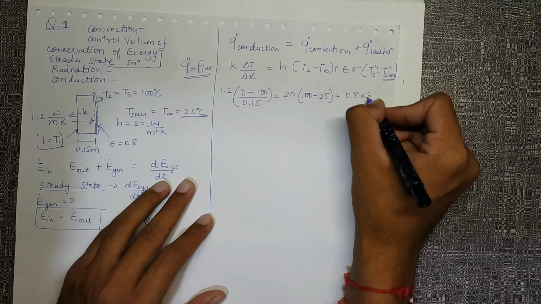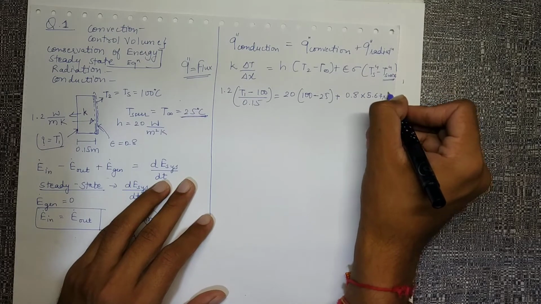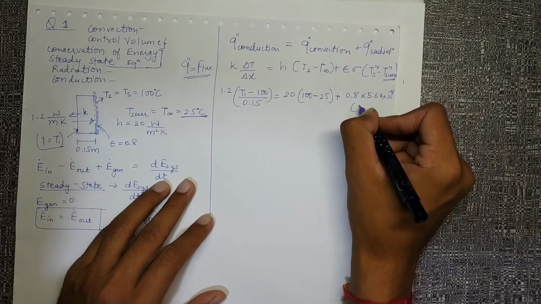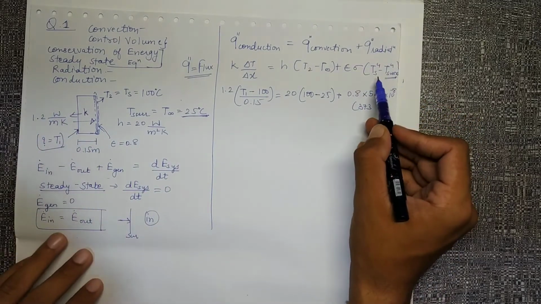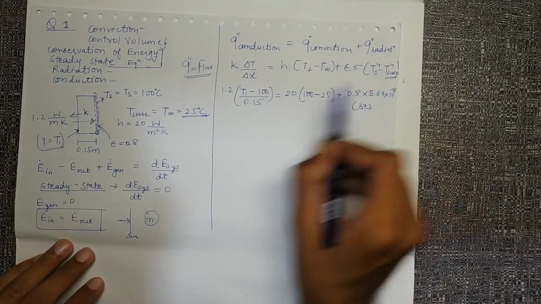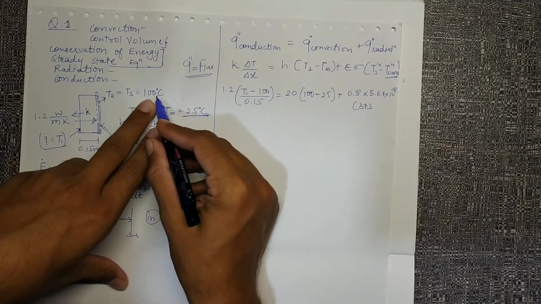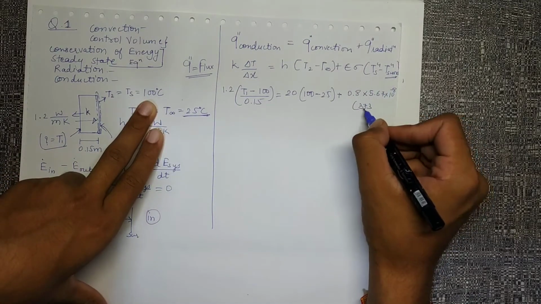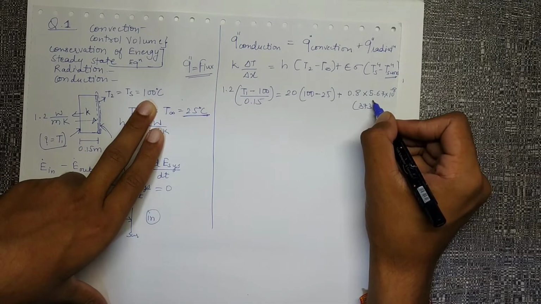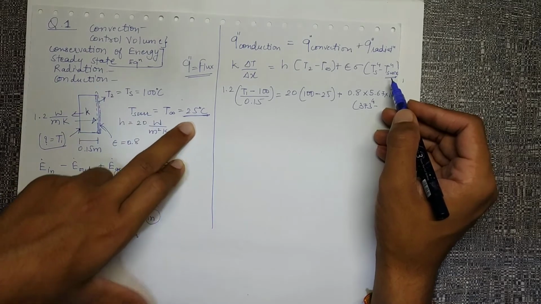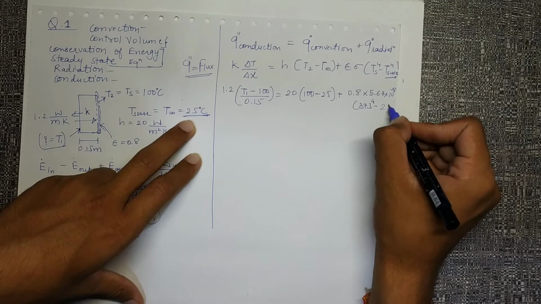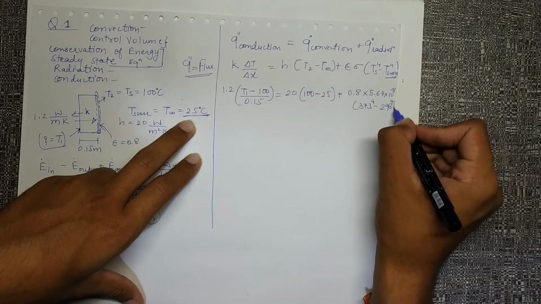Then sigma is 5.67 into 10 raised to minus 8, and the temperatures are 373. This is very important. This is critical because these are Kelvin temperatures. We need to change them. So 100 in Kelvin is 373 Kelvin raised to 4, minus the surrounding, which is at 25 degrees Celsius. That means it is at 298 Kelvin raised to 4.